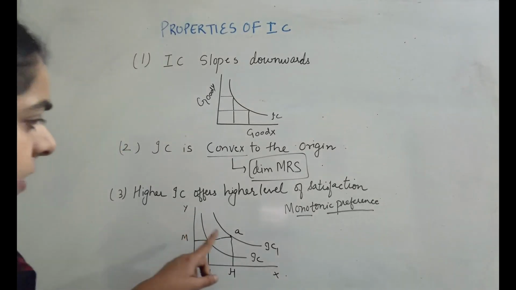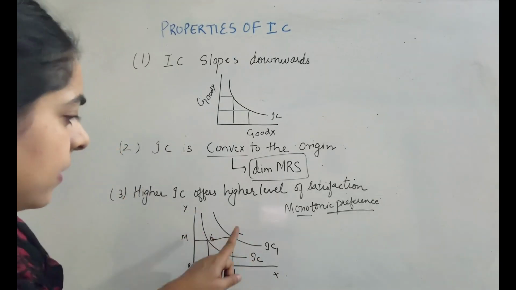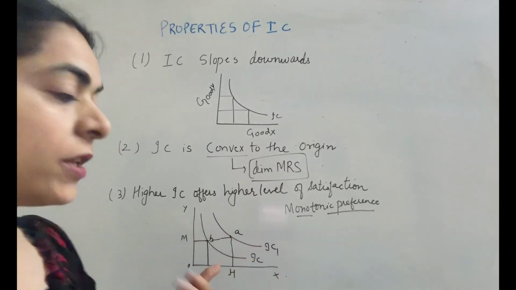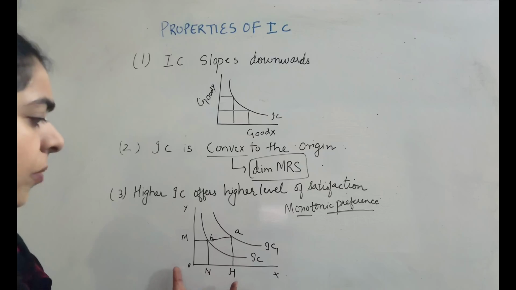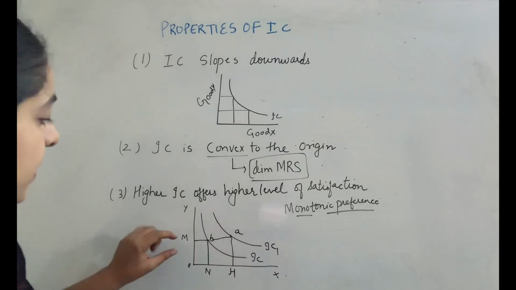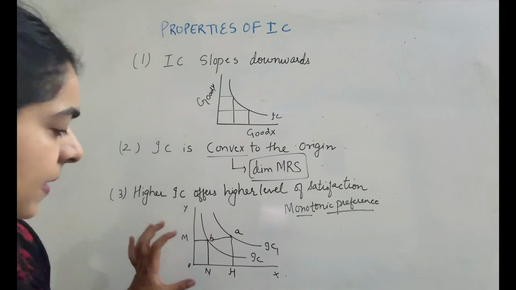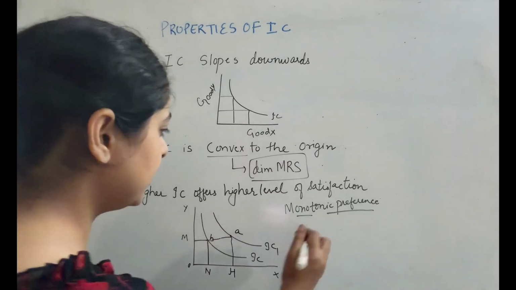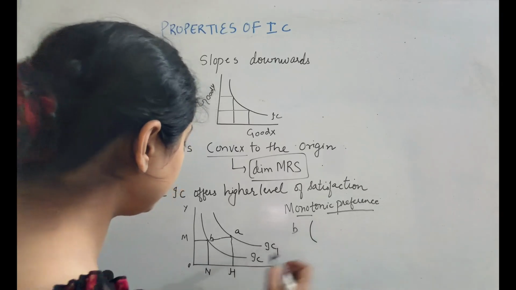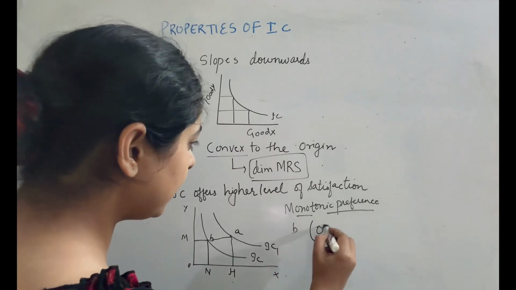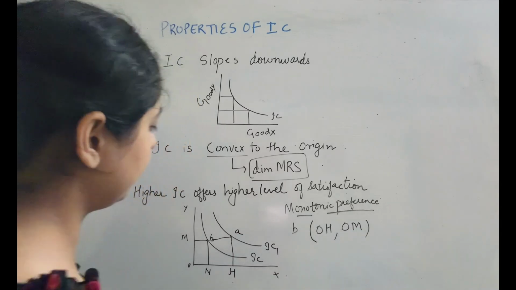So as he moves to a combination on IC1, combination A, his total satisfaction will increase because he is able to consume more units of good X, though the number of units of good Y, OM, remains the same.